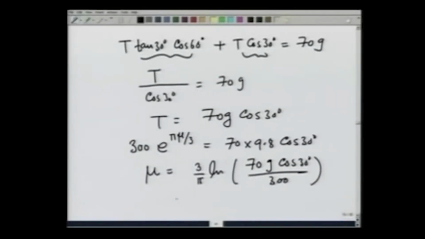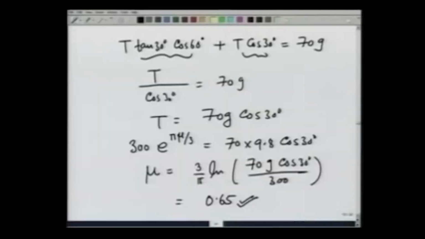You calculate this number and this comes out to be 0.65, and therefore, with this 300 newtons when a 70 kilogram mountaineer can slowly go down as if he is in equilibrium, the coefficient of friction between the rope and the mountain top is 0.65.